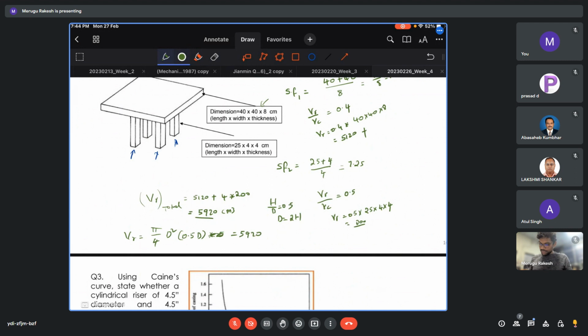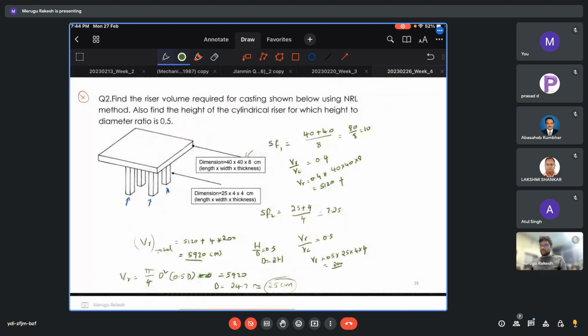So if you do this, you will get D as 24.7, nothing but 25 centimeters. Okay. So if you have any doubts, you can ask. We are approaching the end of the session.